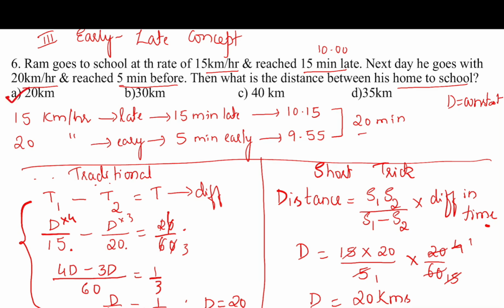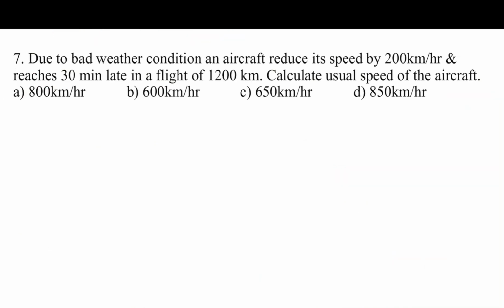Now next problem. Due to bad weather conditions, an aircraft reduces its speed by 200 km per hour and reaches 30 minutes late in a flight of 1200 km. Calculate the usual speed of the aircraft.